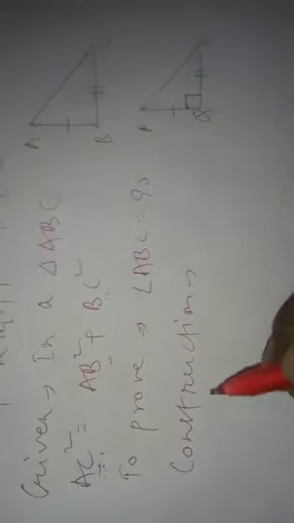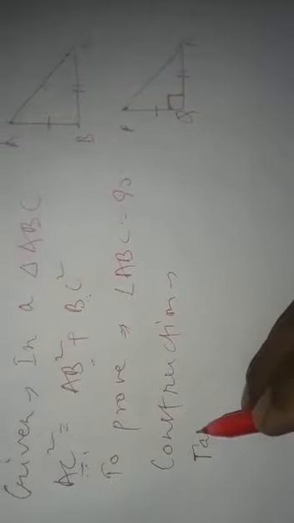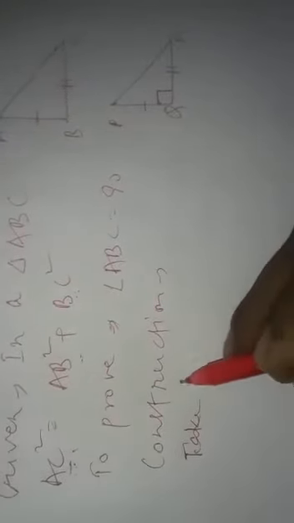Now, in construction, what will we write? Draw triangle PQR such that angle Q is equal to 90 degrees and PQ is equal to AB, as well as QR is equal to BC.